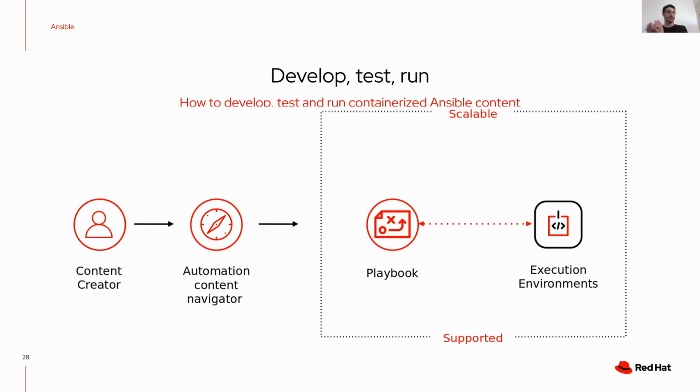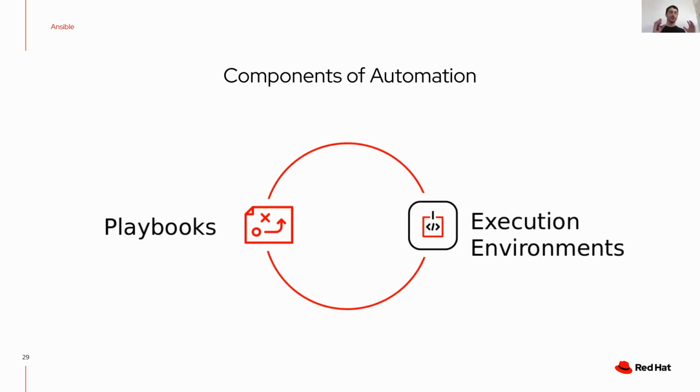And if it passes today, it will always have the same result because that execution environment will not change, if your playbook does not change either, because you do expect the same result. So the playbook and the execution environments are the two base components of this automation.